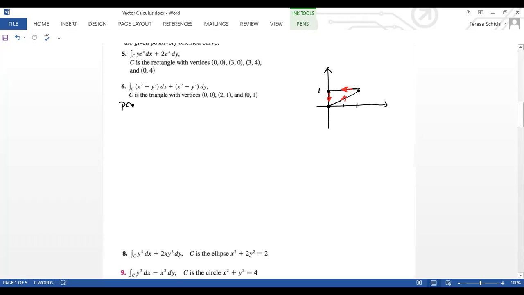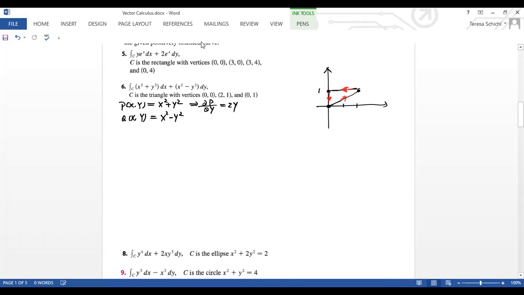So let's try to use Green's theorem. P(x,y) is equal to x squared plus y squared. All right. Then Q(x,y) is equal to x squared minus y squared. So ∂P/∂y is equal to what?